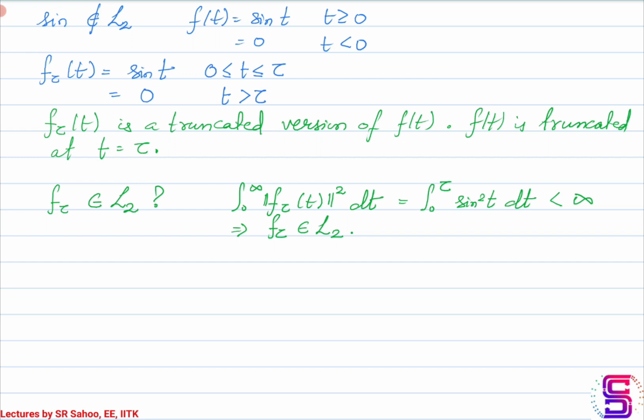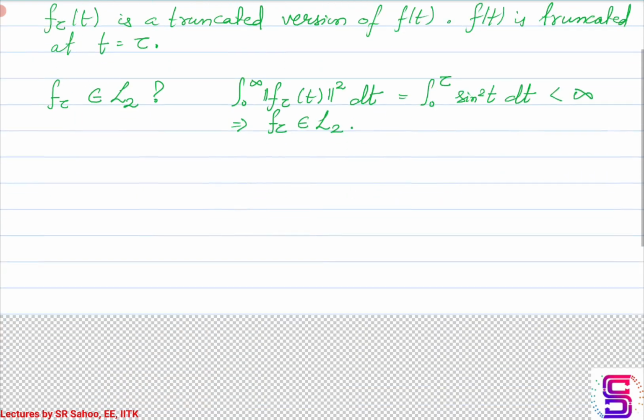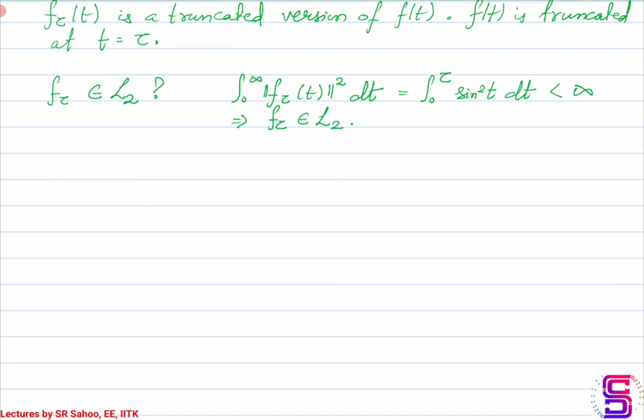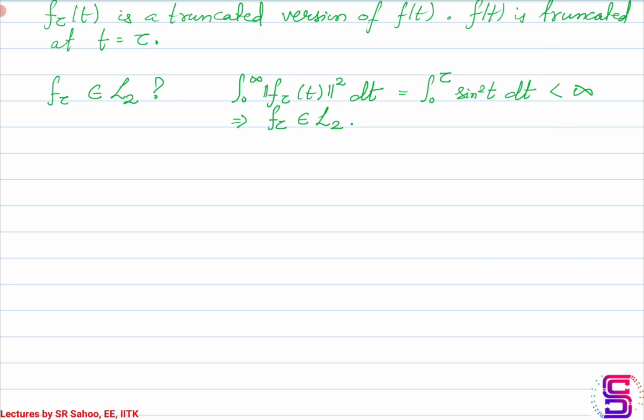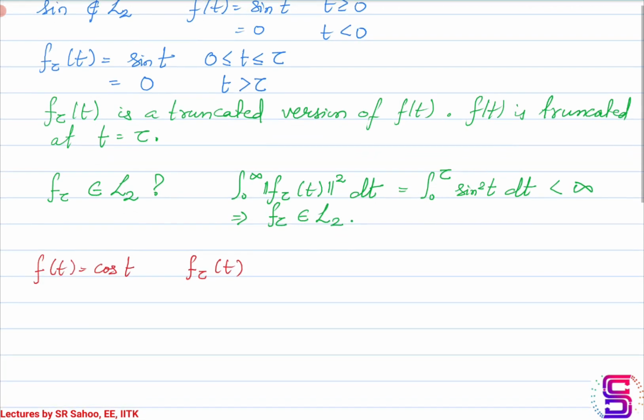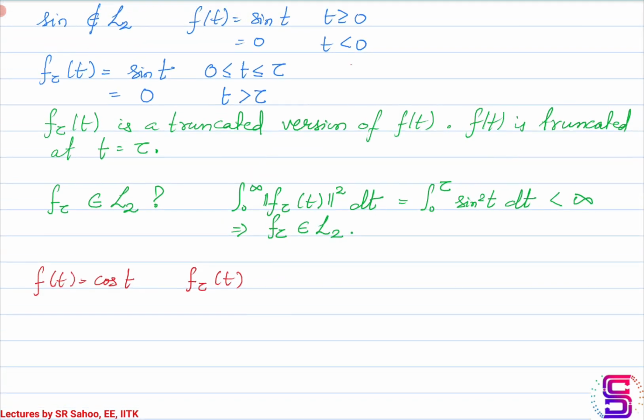Similarly, what you can check is that for f of t equal to cos t, I forgot to mention that this tau is a finite quantity in the interval 0 to infinity.